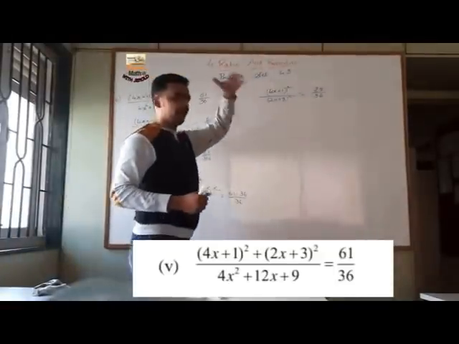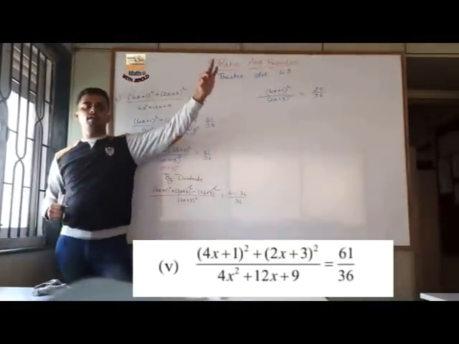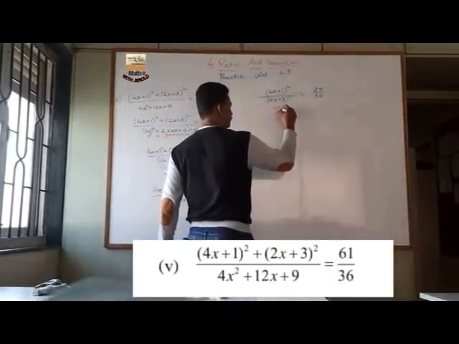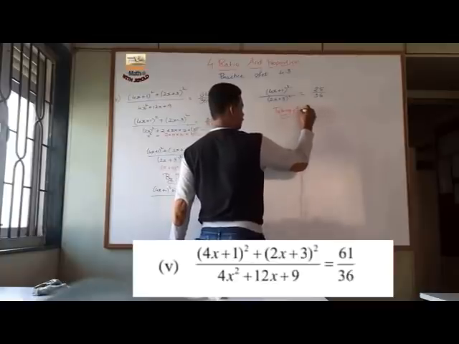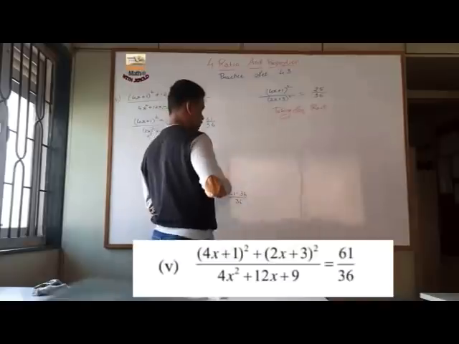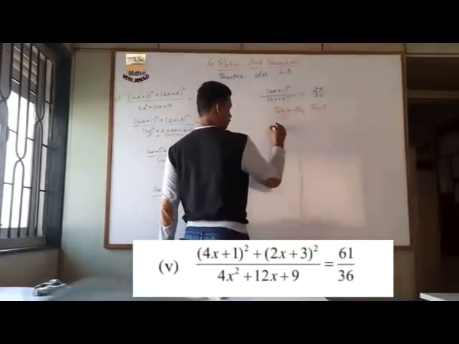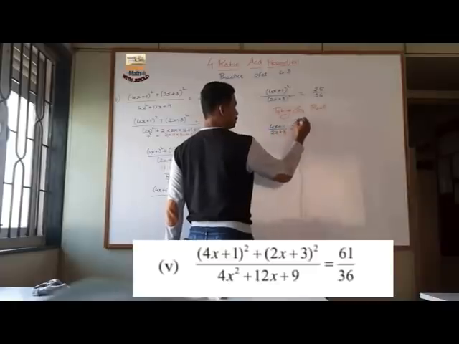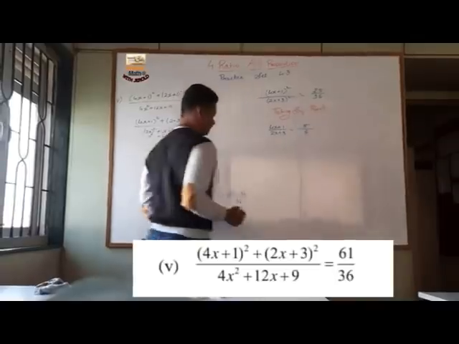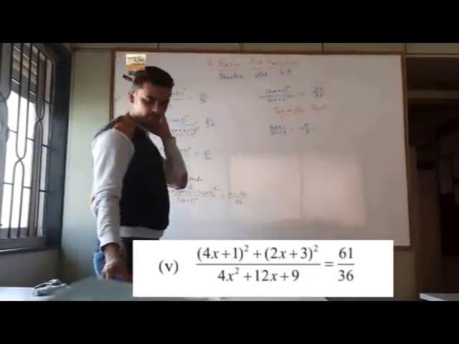Now as I have squares and I have to bring it in simple form, I will take the square root. So taking square root, I have the values 4x plus 1 upon 2x plus 3 is equal to square root of 25 is 5 and square root of 36 is 6. Now I have brought the numbers in simple forms.